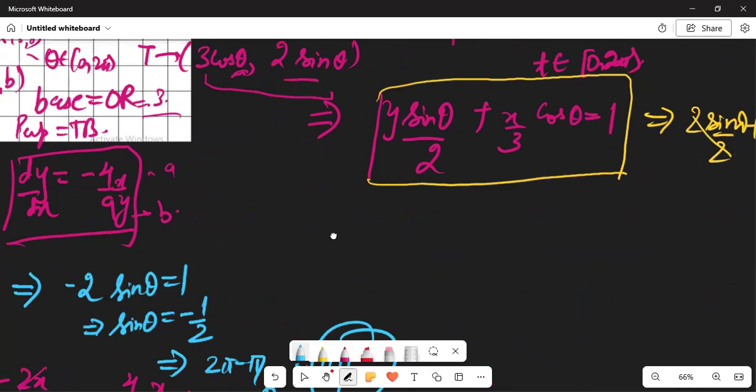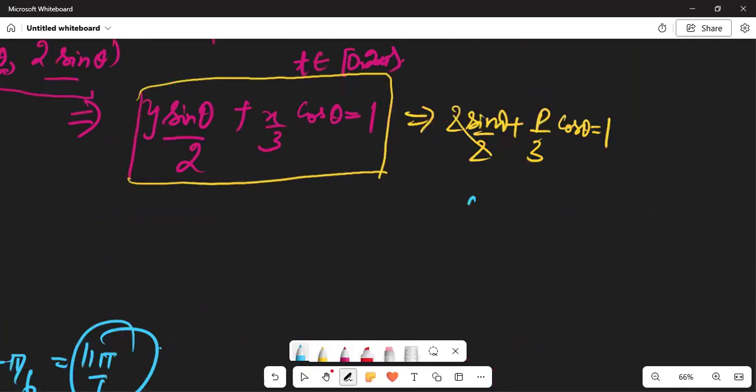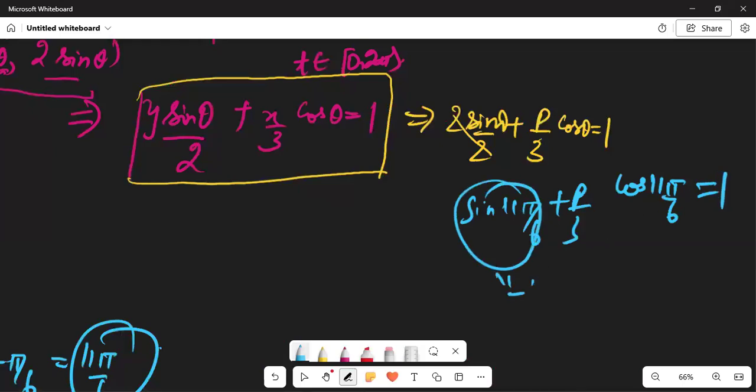Substituting this here, sin 11 pi by 6 plus p by (3 cos 11 pi by 6) equals 1. This is minus half plus p by 3 times cos, which is positive in the fourth quadrant, so it is the same as cos 30 degrees, cos pi by 6, which is root 3 by 2.